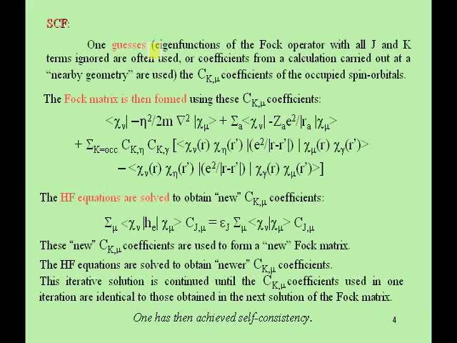One thing that programs sometimes do is they take the kinetic energy and the electron-nuclear attraction and totally ignore all the Coulomb and exchange interactions, because it's only in those Coulomb and exchange terms in the Hartree-Fock Hamiltonian that knowledge of the MO coefficients occurs. So they take only the kinetic and nuclear attraction terms as the Fock operator, form the Fock matrix using only that, and then get MO coefficients as the eigenvectors of that.